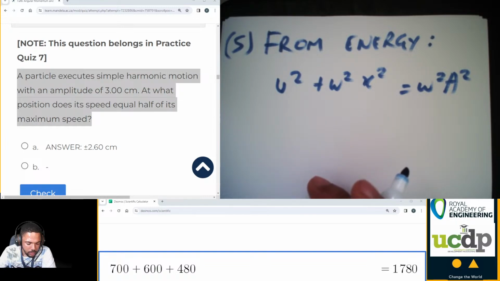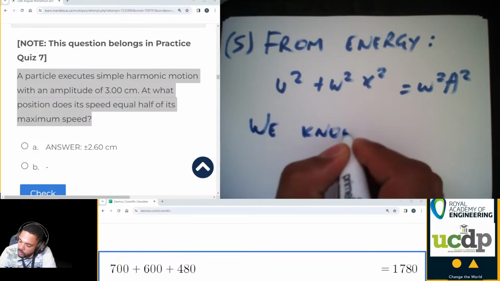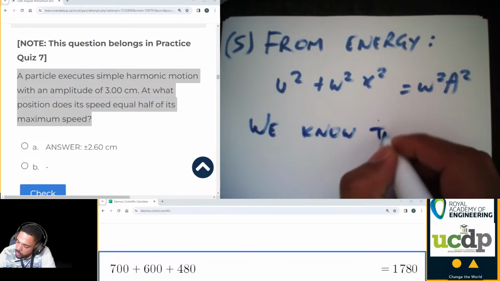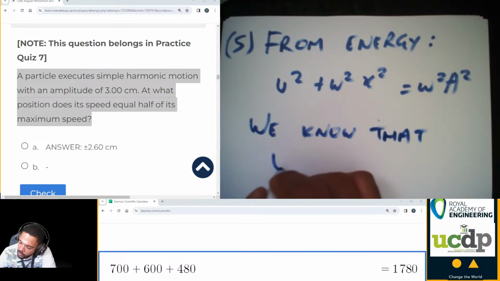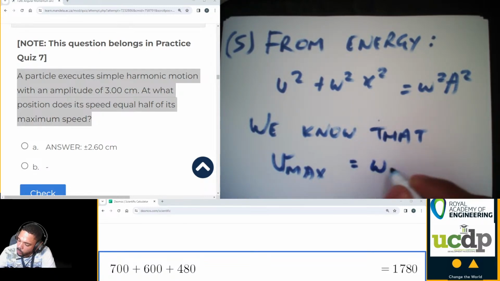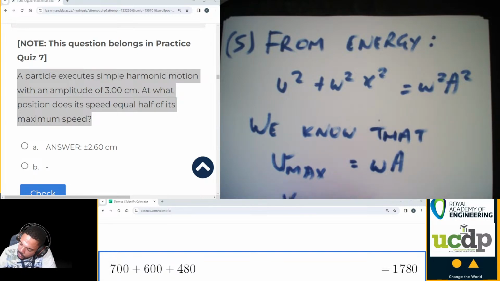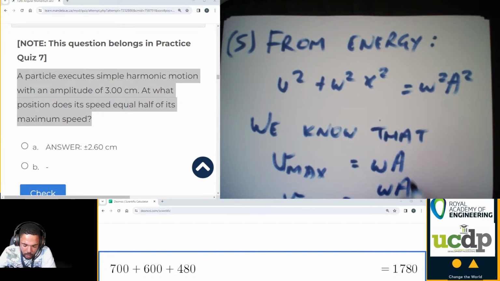Now we know that the maximum velocity, Vmax, is equal to the angular frequency times A. And that V is equal to the angular frequency times A over 2.